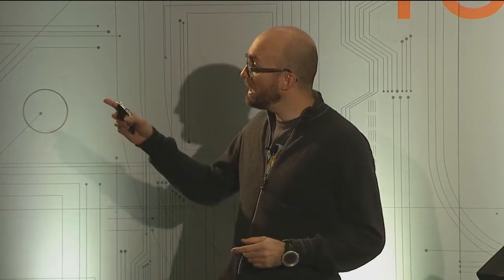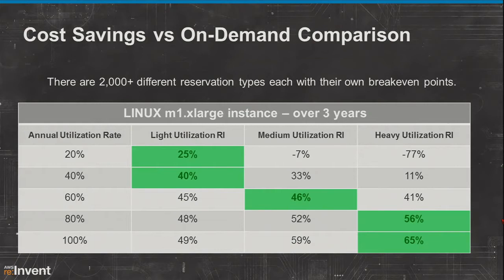So you can see here, if you're using the instance 40% of the time, you're going to save about 33%. Things are looking good there, but if you compare it to the light, you would actually be saving 40% on the light. So there are some break-even points, or thresholds, as you move up the amount of utilization, where you want to move from a light to a medium and ultimately to a heavy.